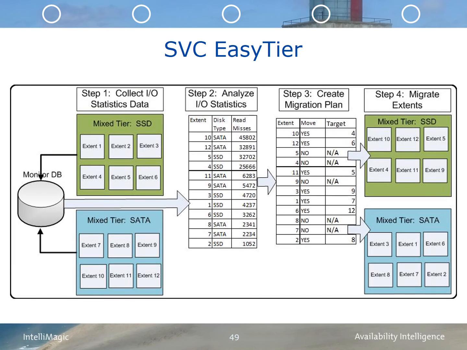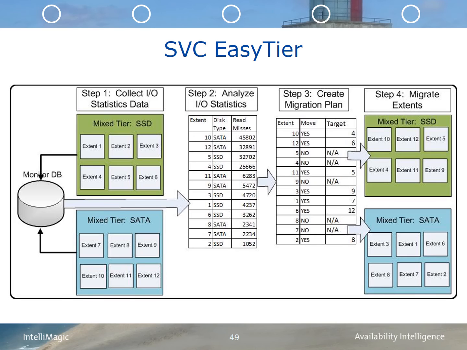IBM Easy Tier is designed to move the hottest extents to the fastest drive technology. Normally this is done during a 24-hour period. What happens is Easy Tier collects the data at 5-minute intervals, and this information contains how active the extents are. It then analyzes these I/O statistics and creates a migration plan every 24 hours that optimizes the data layout.